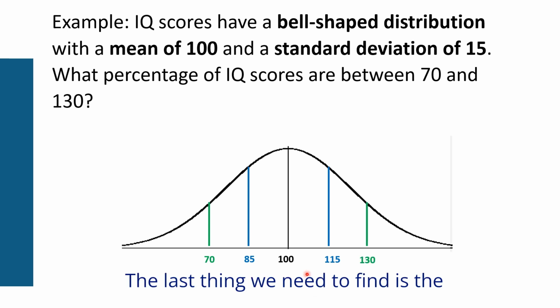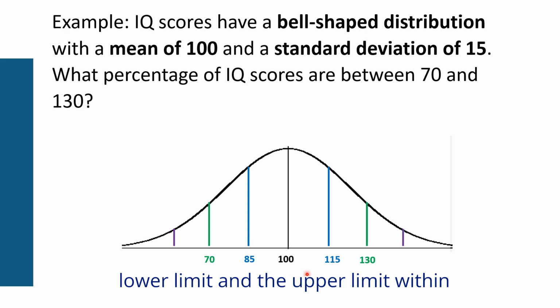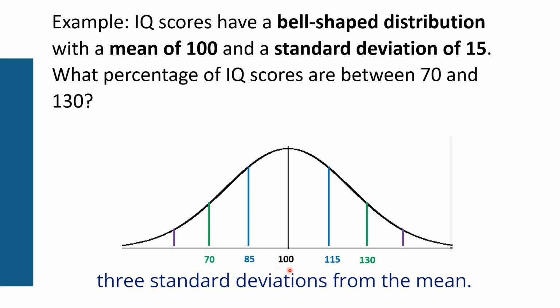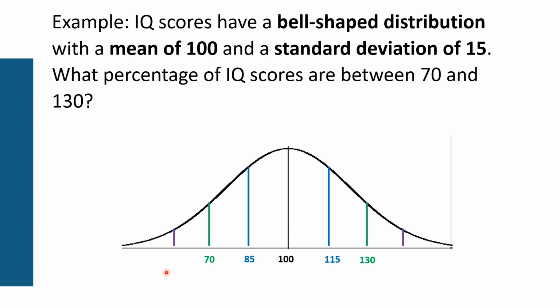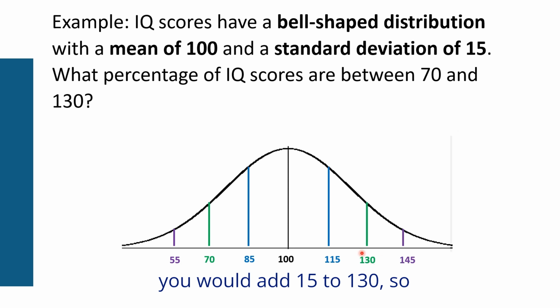The last thing we need to find is the lower limit and the upper limit within three standard deviations from the mean. To find the lower limit, you will subtract 15 from 70, so that's 55. To find the upper limit, you would add 15 to 130, so that's 145.